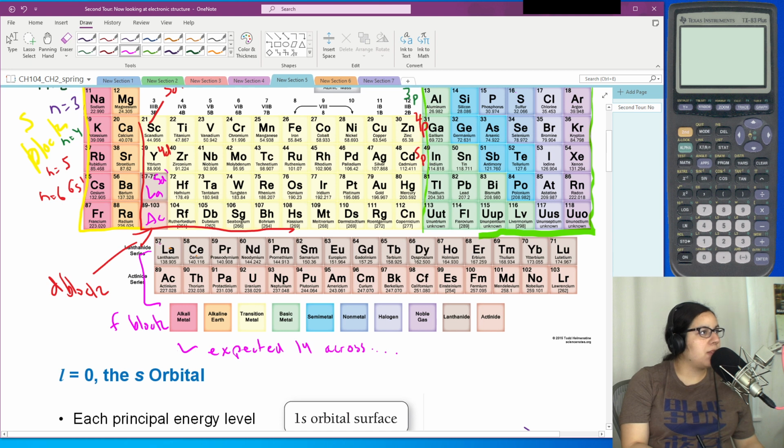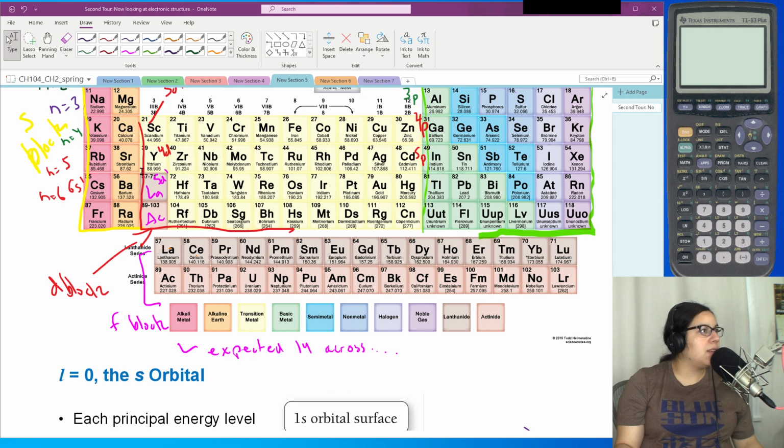But this is where you get some oddities. So for lanthanum, for example, you could do its electron configuration as xenon, 6s2, then 5d1. And that would be acceptable because it's here in this d1 potentially.